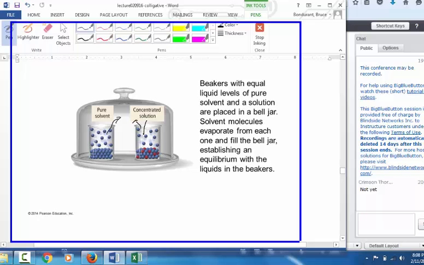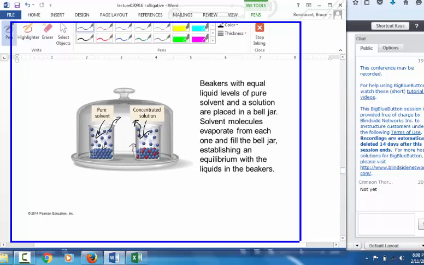The condensation in each is going to be equal, but since less water is coming out of this one, since it's a solution and there isn't as much water available with the solute present, then you have a net flow of water, and essentially this level will go down and this level will go up.